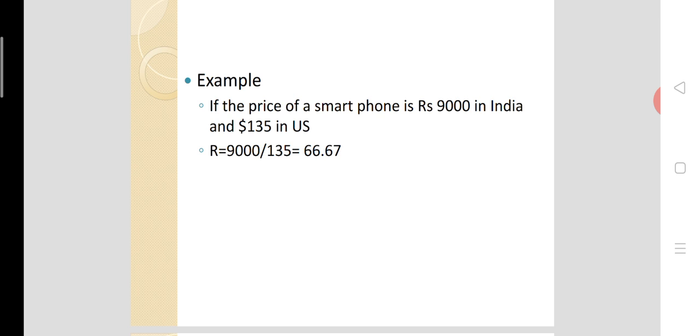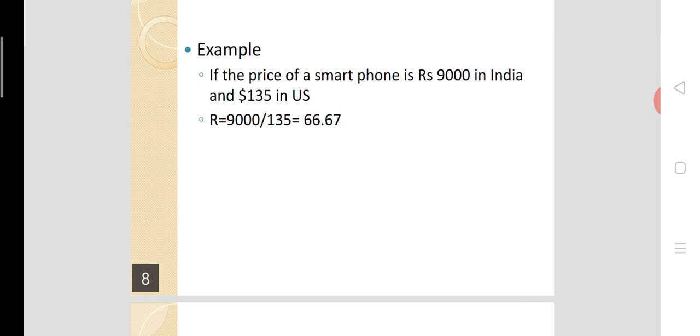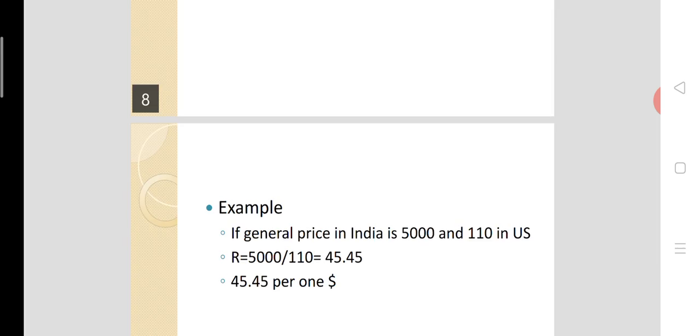P by P star. P here is 9,000, P star here is 135. So 9,000 by 135 is 66.67. So this is the Indian price of $1. So $1 will be equal to 66.67 Indian rupees. So this is the exchange rate of India in terms of US dollar.